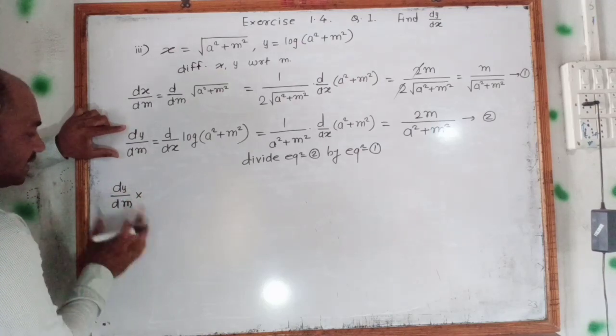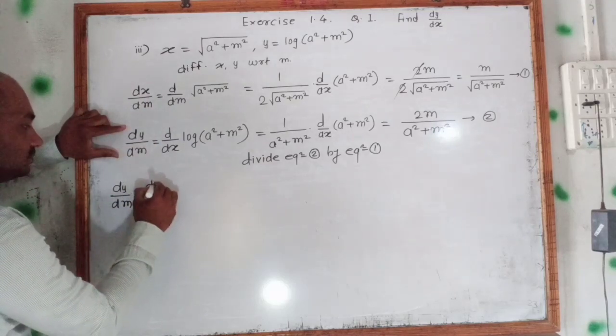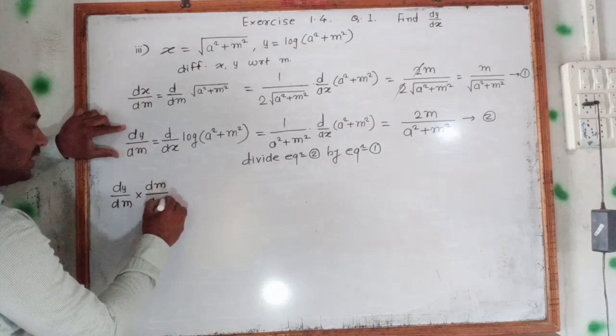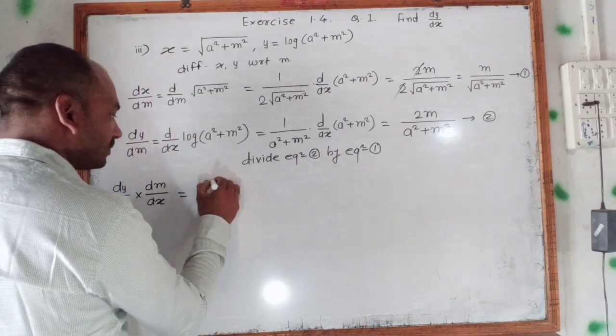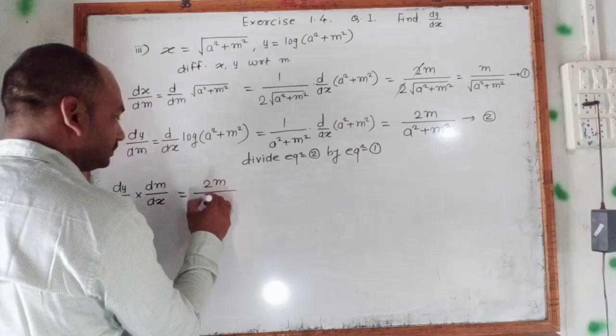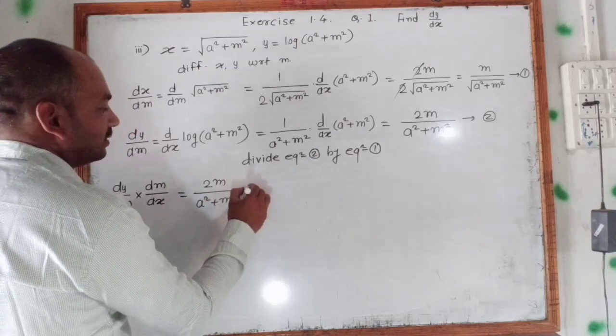The part which is in the denominator, that we take inverse in the product. So dm upon dx is equal to this part here first, twice m upon a square plus m square.